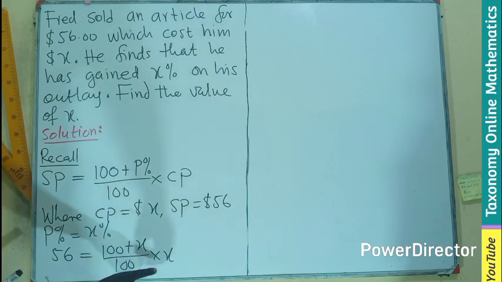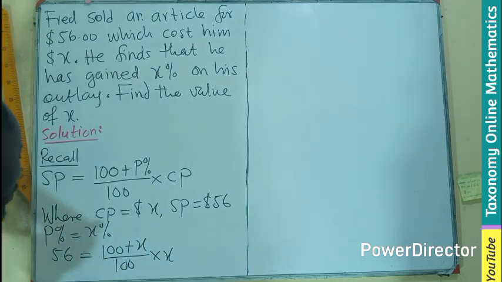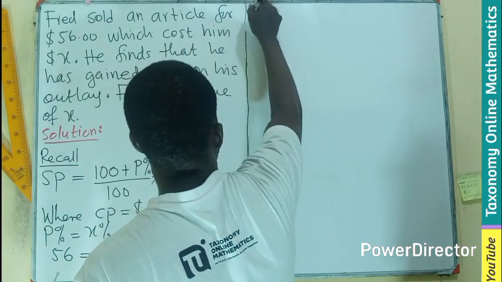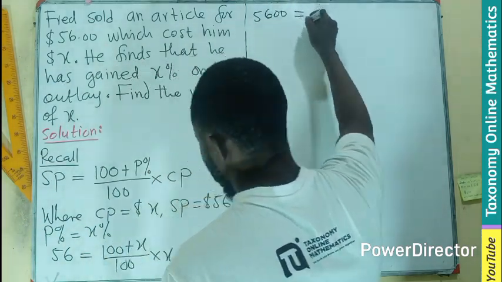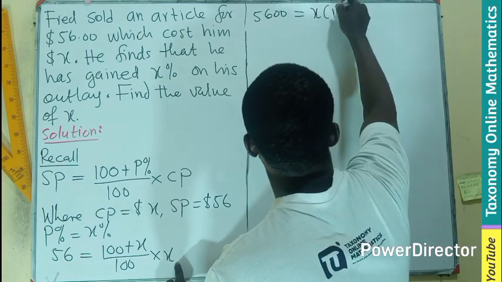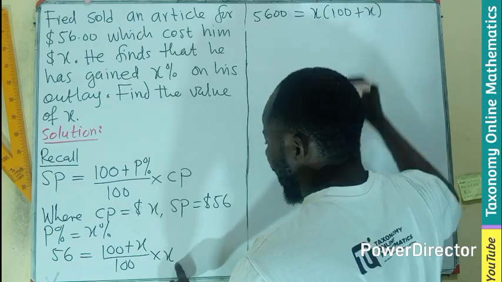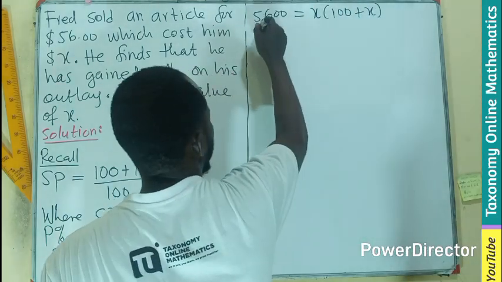We know this 56 will multiply the 100, and this X will multiply the bracket. So 56 times 100 will be 5,600. This X is multiplying 100 plus X.